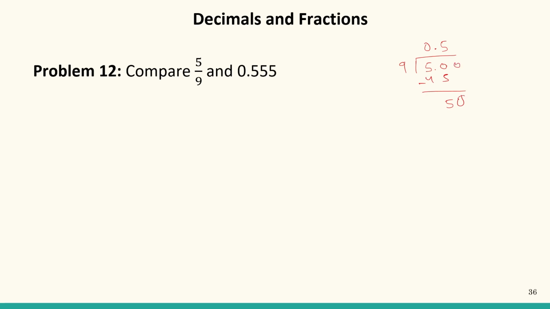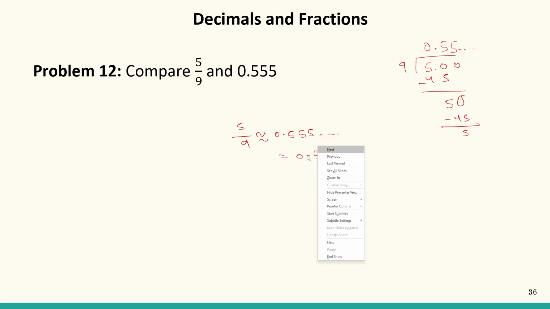We can get a 0 down here, and then again write 5, and minus 45, which is 5. So we can again see the same repeating sequence here. So 5 by 9 is equivalent to 0.555 and so on. That can also be written as 0.5 bar.